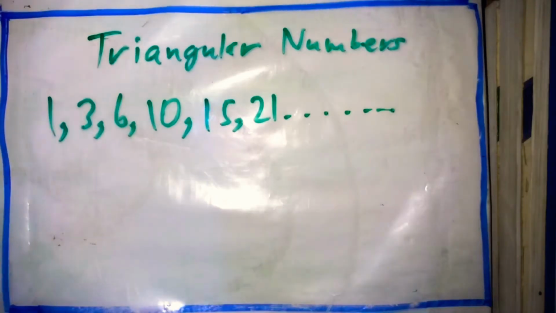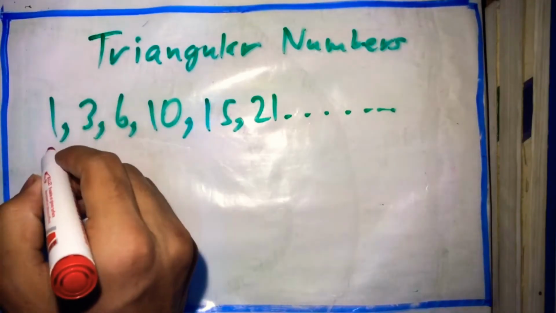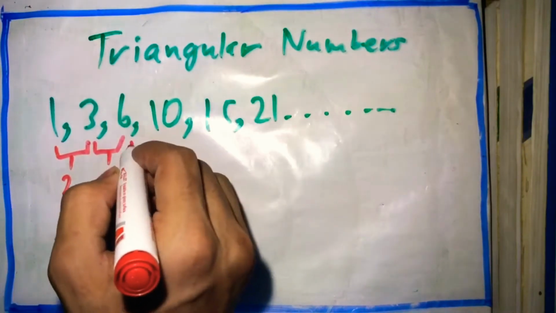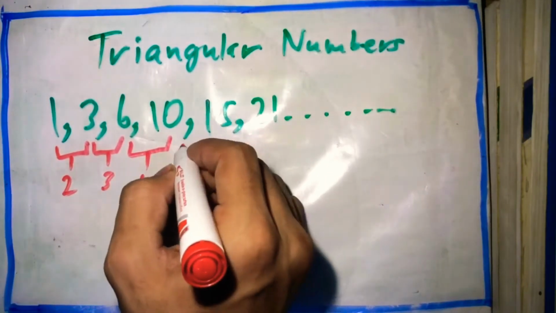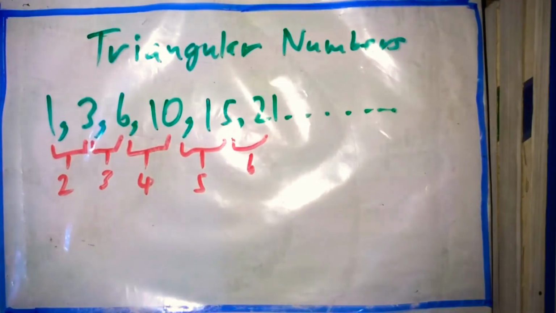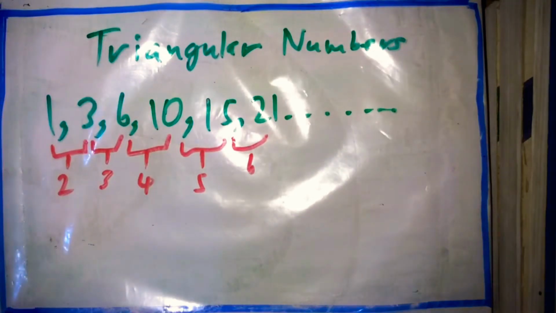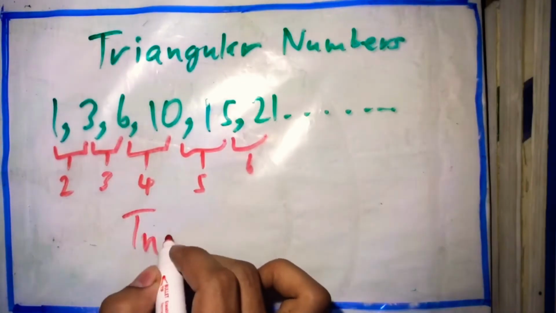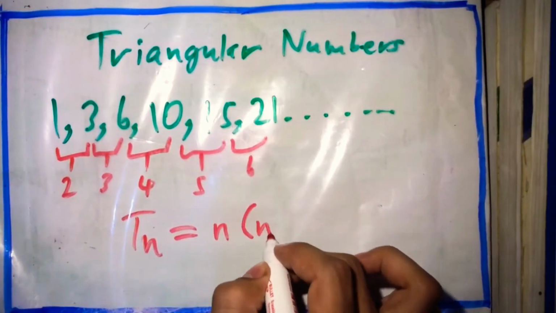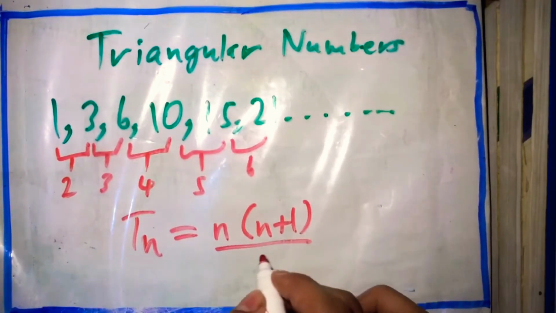If we see over here, the difference between these is 2. Here it's 3. Here it's 4, 5, and 6, and so on. The formula for this is Tn equals n(n plus 1) upon 2.